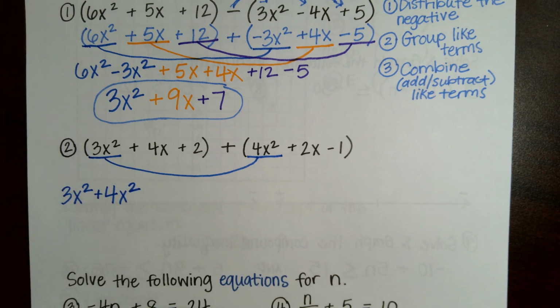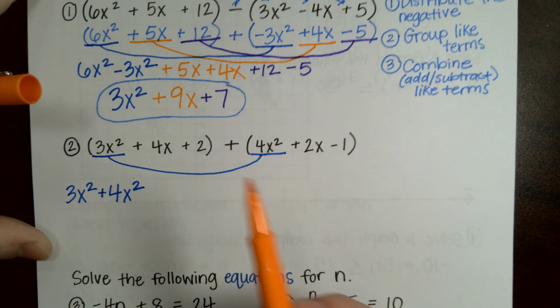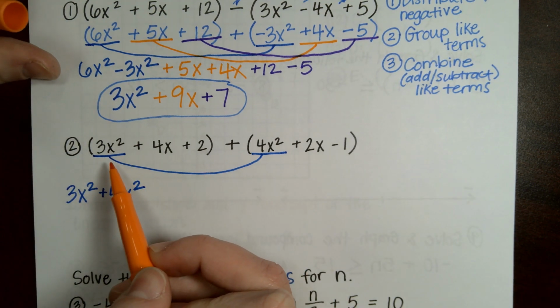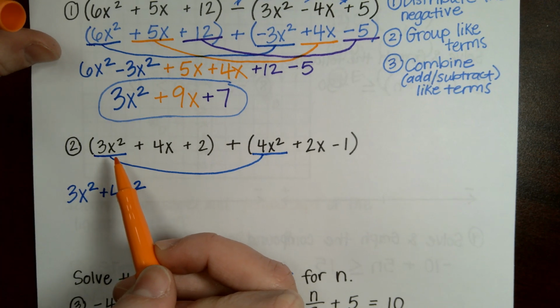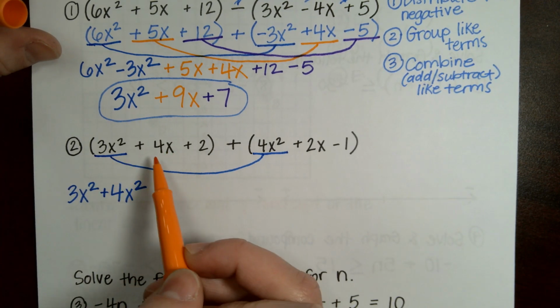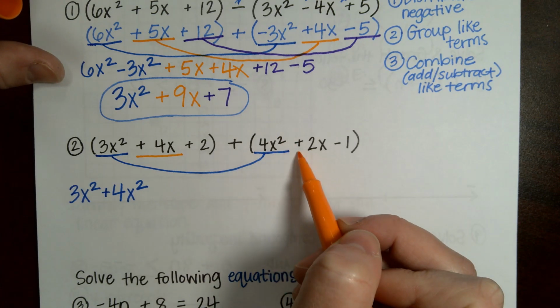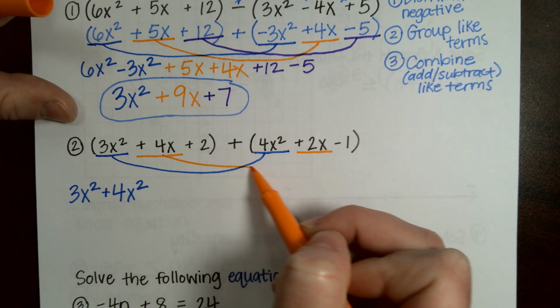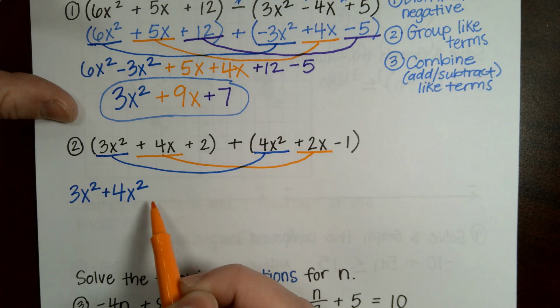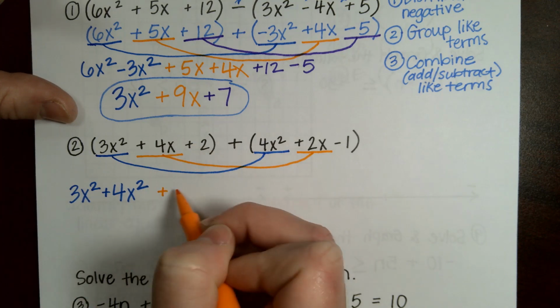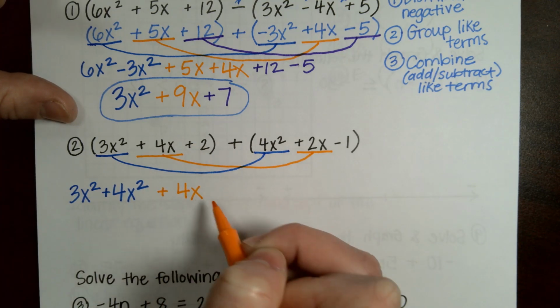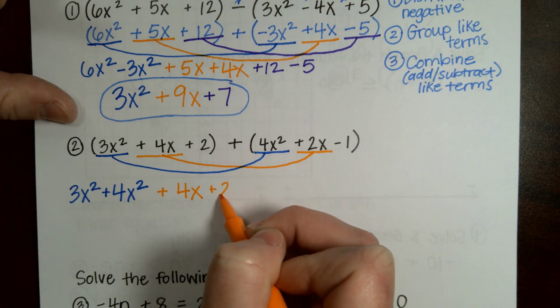Okay, now let's go to our next terms. What comes next after 3x squared? 4x. Yeah, I've got a plus 4x, and what's my other x? 2x. Yeah, plus 2x. So let's go ahead and write those down below. Plus 4x plus 2x.